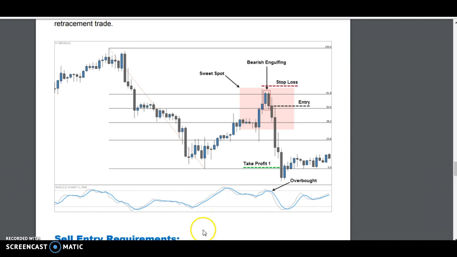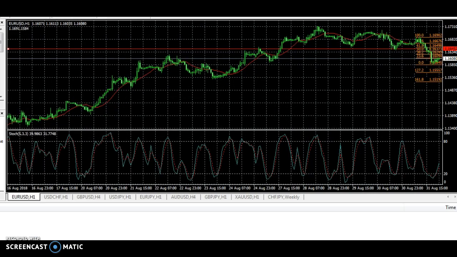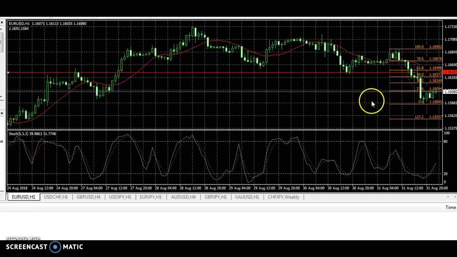Let's look at our live chart here. This is a live chart for EUR/USD. Let me zoom in so that you can see it.